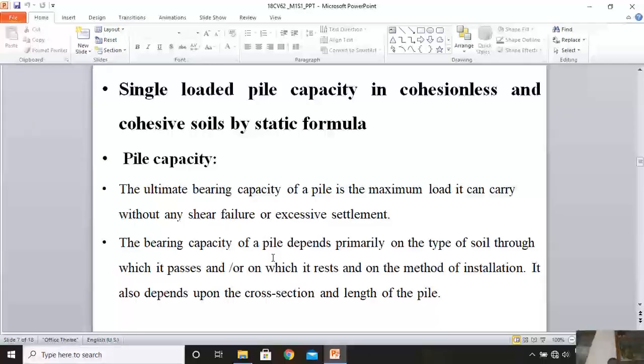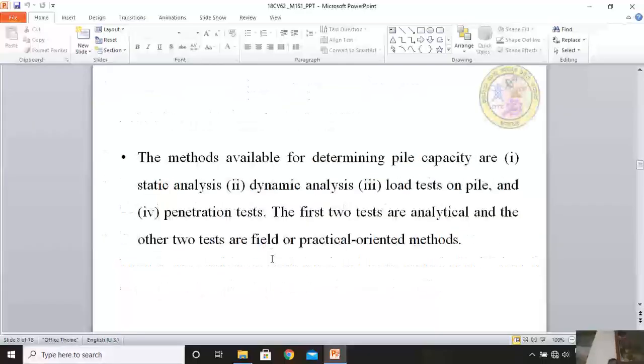Okay. Next, there are many methods available to determine the ultimate load capacity of different types of piles, with respect to the materials as well as the load carried by the buildings.